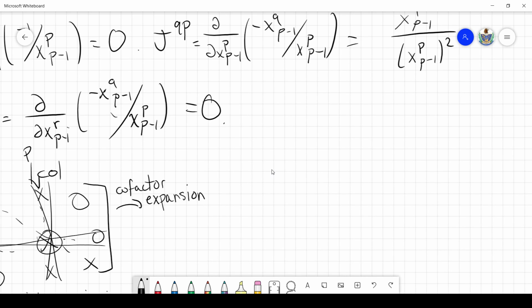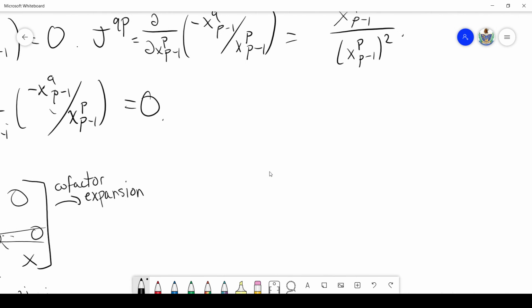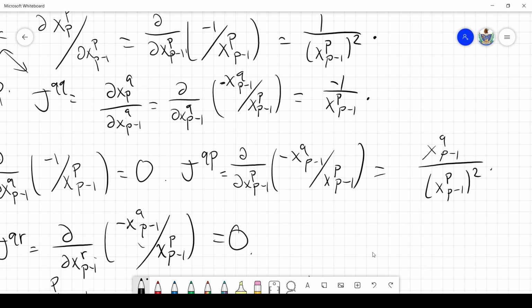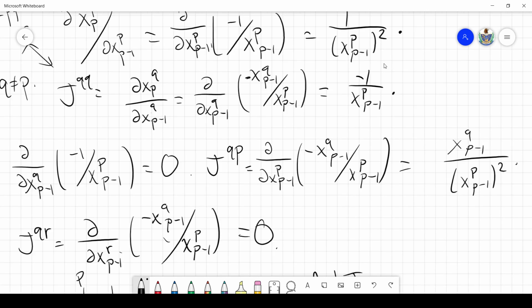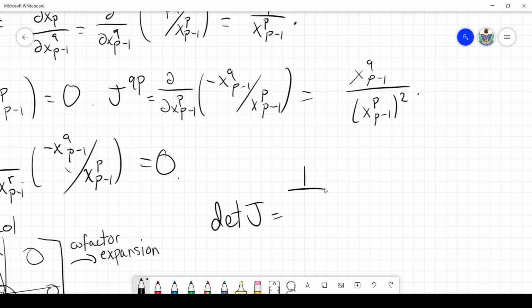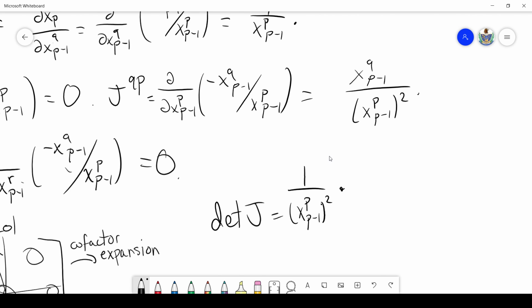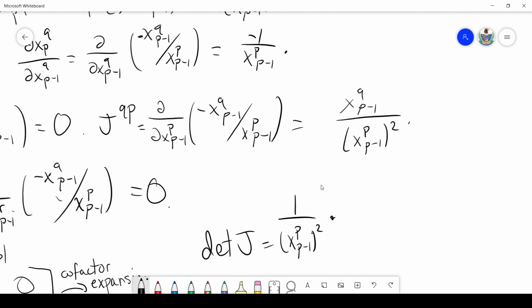So now what we have is that the determinant of the Jacobian is the product of all the diagonal terms. One of them is 1 over x_pp minus 1 squared, and all the other ones are negative 1 over x_pp minus 1. How many of those do we have? We have n minus 1 of those.